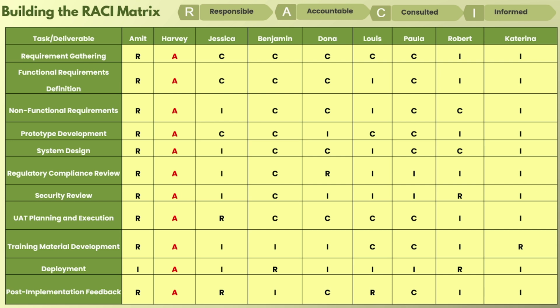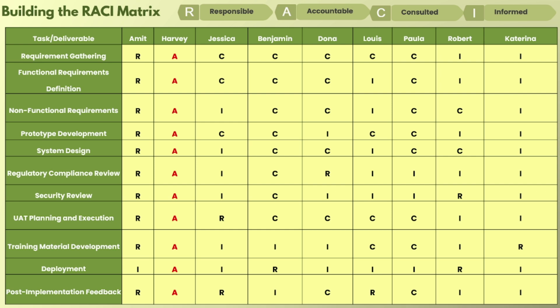Then other stakeholders like Jessica, Benjamin, then Donna, Louis, Paula, Robert, and Katrina. So the C means consulted. As a business analyst responsible for the requirement gathering task, we need to consult all the categorized persons here, and we need to only inform the last two.